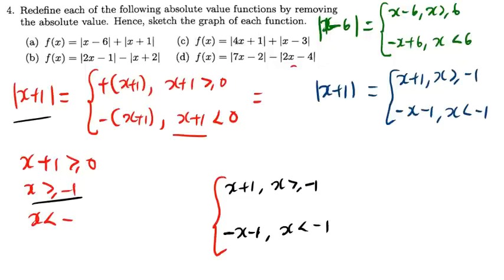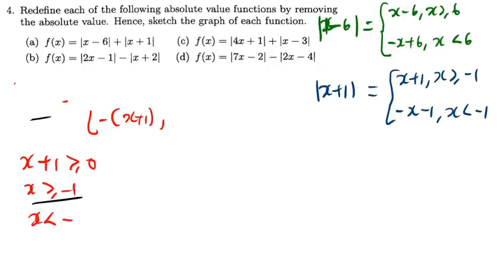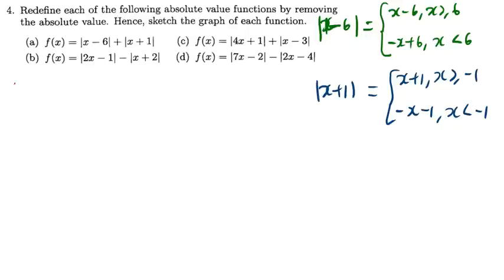I've redefined it now. After doing that, since there is plus, we are adding these two things. The only thing which I can do is I need to use a table. So I'm going to use my table. So here is my table which I'm going to use.